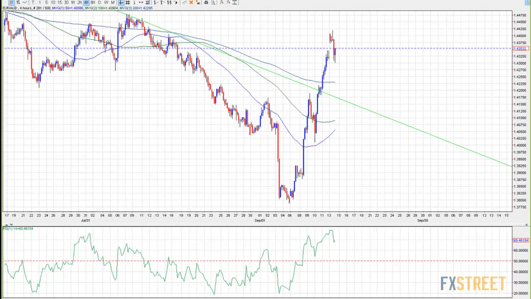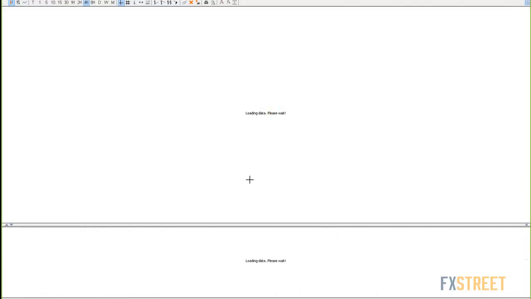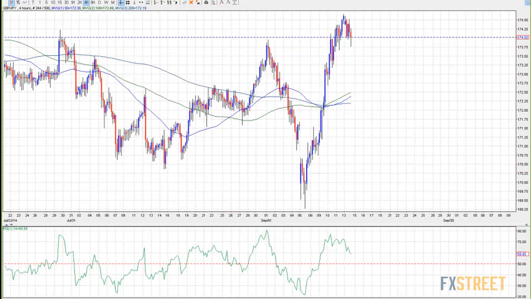Okay, let me just search. Oh, that is not pound Aussie, that's pound yen. And we could probably talk about pound yen as well, because for some reason I can't find pound Aussie in this Netdania chart. Okay, we'll come back to that if we have time.